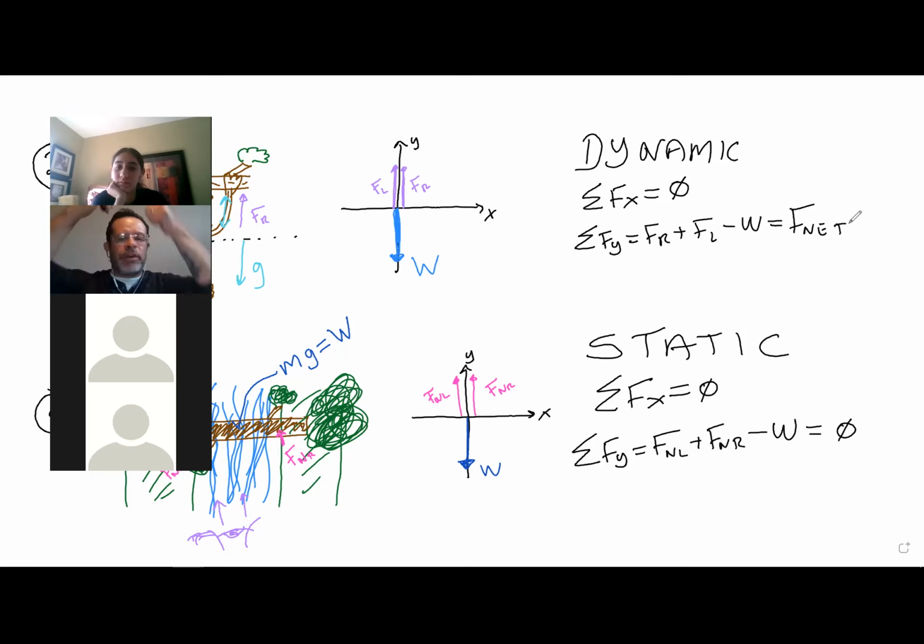So that's why it's moving forward. That's going to be a net force that's obviously going to be positive. The net force in this situation is going to be going upwards. And in the end, that net force, according to Newton's laws, has to be equal to the mass, in this case of the monkey, times an acceleration. As you mentioned, Viviana, we don't have the numbers to do the calculation, but it's going to be equal to that. Okay, is that clear?